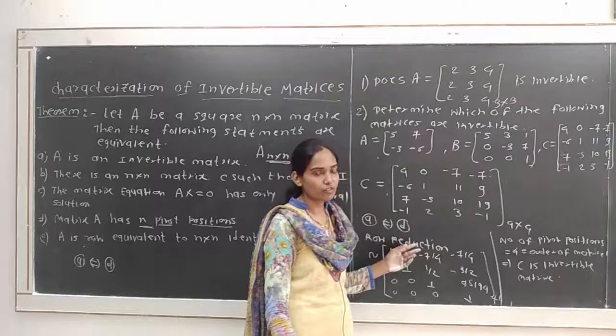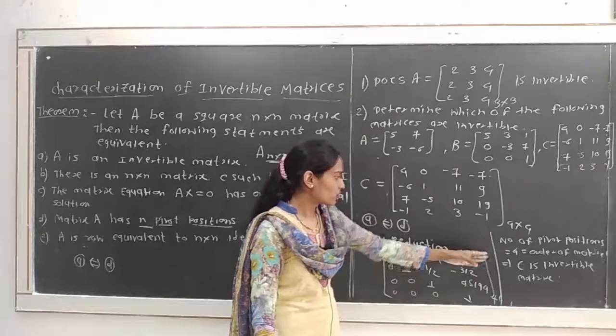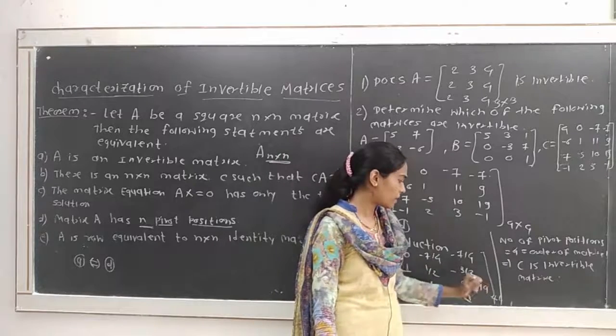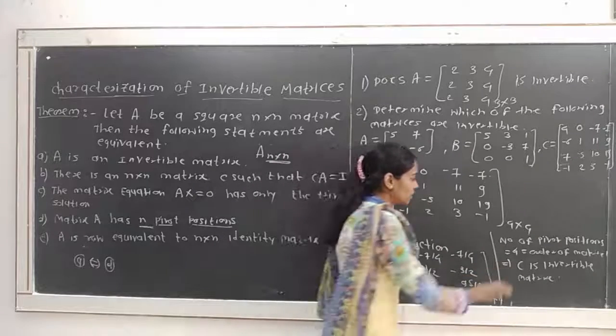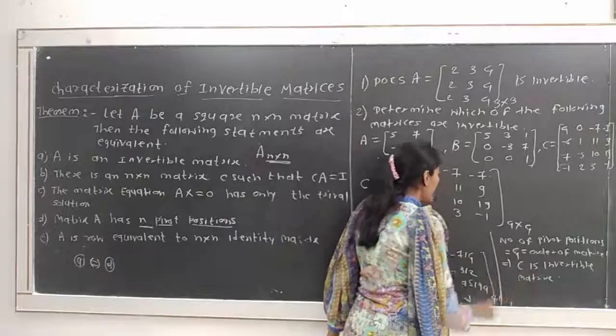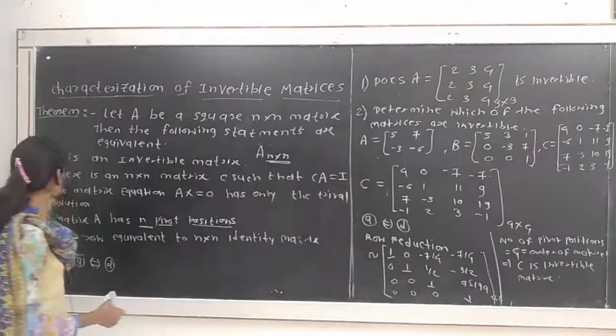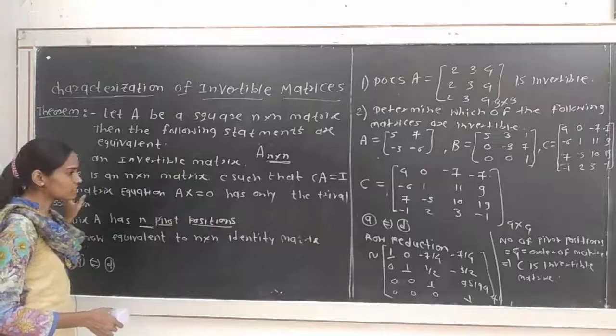So we get 4 pivot positions, and that is the order of the matrix. So the given matrix is invertible by using the characterization, that is, the statement D implies A.